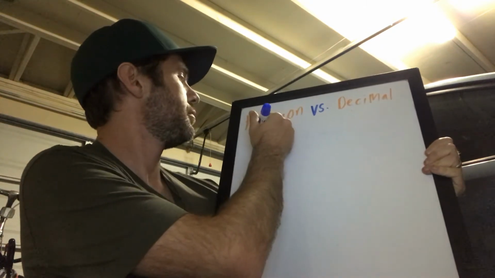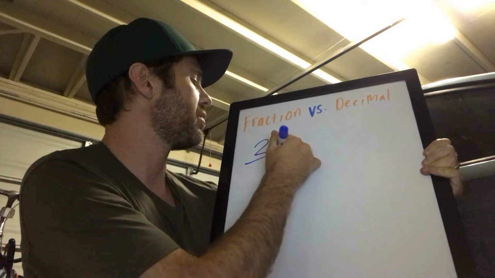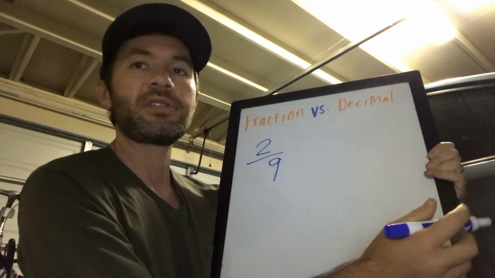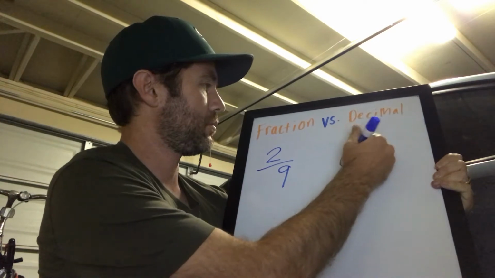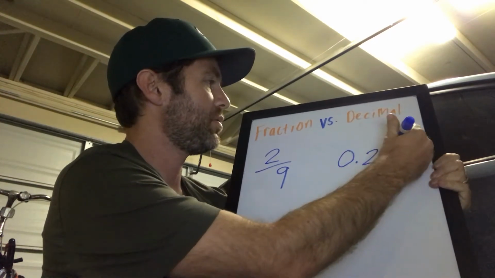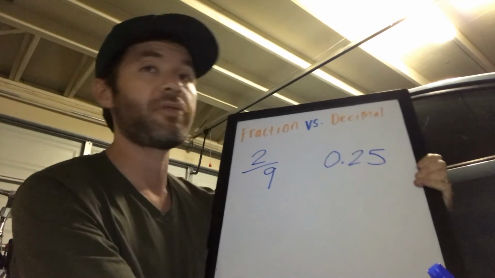All right, so let's start with 2/9. Well, I guess we're not starting with it. I already showed you one example, but let's go on to 2/9 versus 0.25. 2/9 versus 0.25. So one fraction, one decimal.